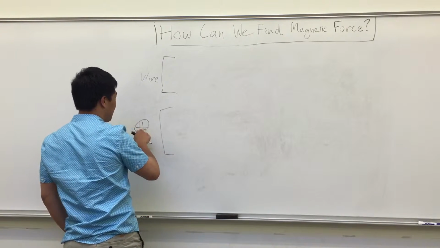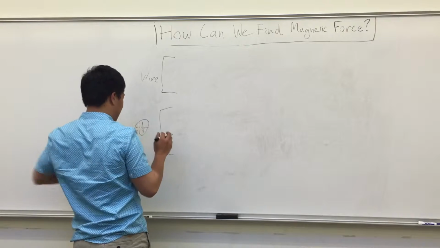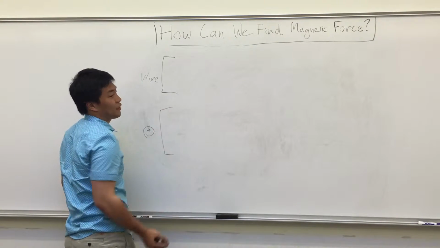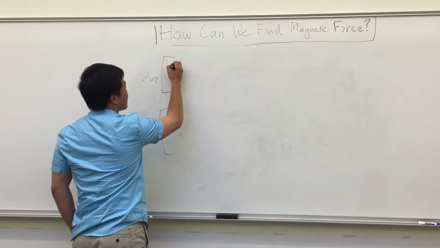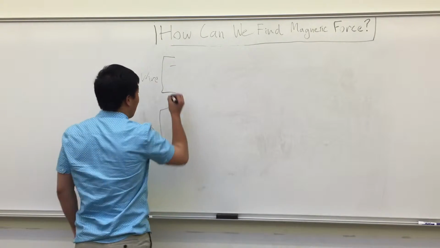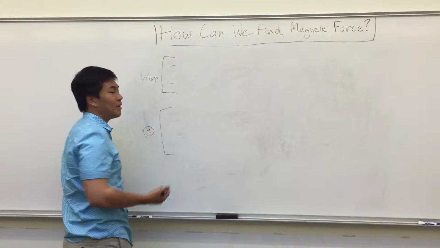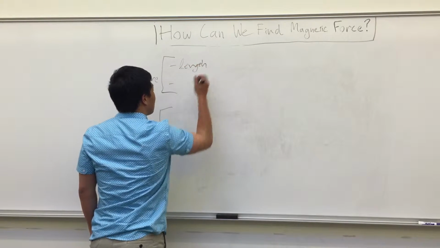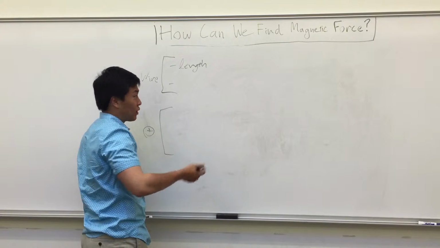Alright, so when Ampere was making his observations with the wire, he noticed that two main things affected how much force that wire felt. Namely, they were the length of that wire and how much current was running through that wire.